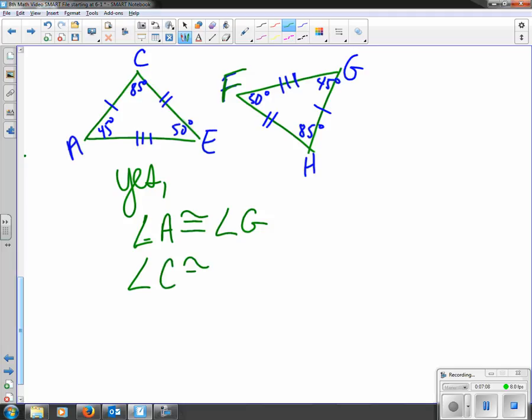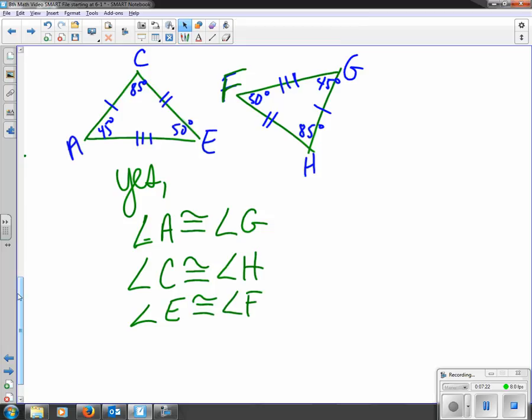Angle C is congruent with angle H, and angle E is congruent with angle F. Okay, so you could write this statement, or you could write the one about the line segments. So line segment AC is congruent with line segment GH.